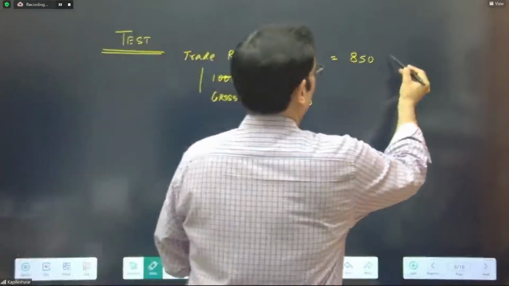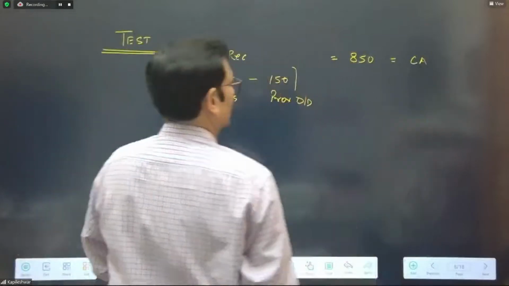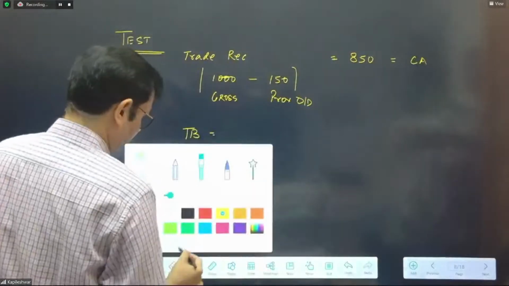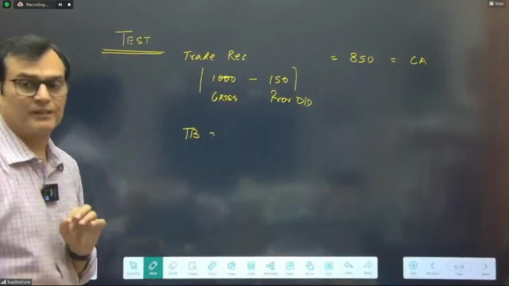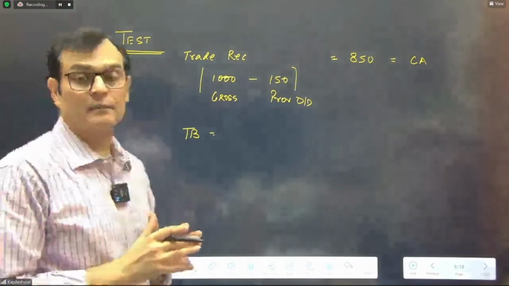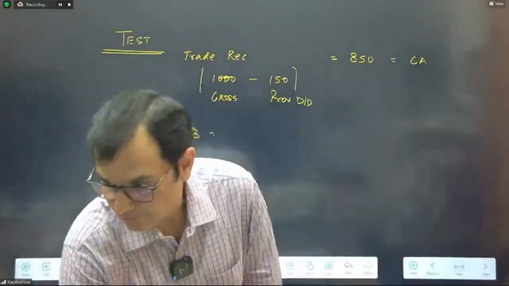So this is undoubtedly your carrying amount. I want to calculate the tax base of this item, given the input that the carrying amount is 850.